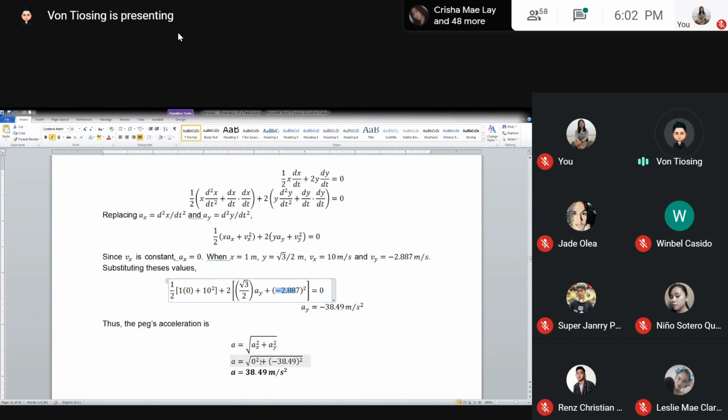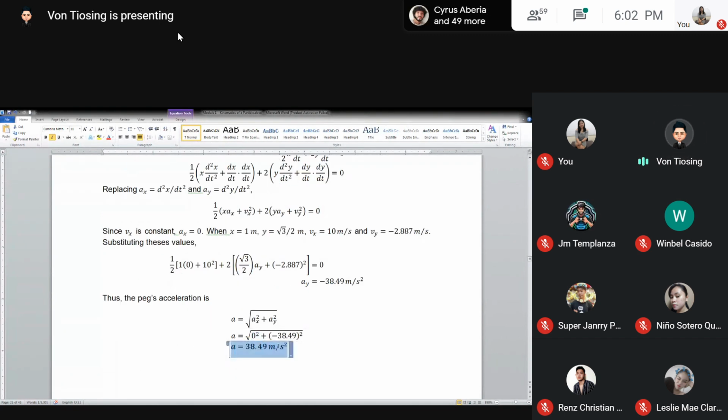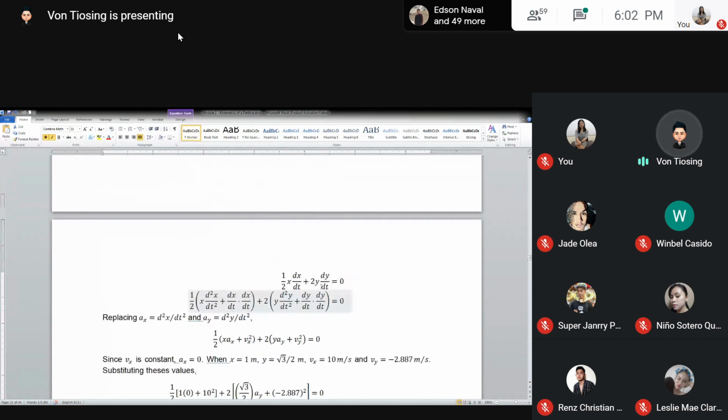Okay? So, we have here, syempre, solong-solo niya yung acceleration dahil 0 yung x component. So, the magnitude is 38.49 meters per second squared. Pababa din siya.